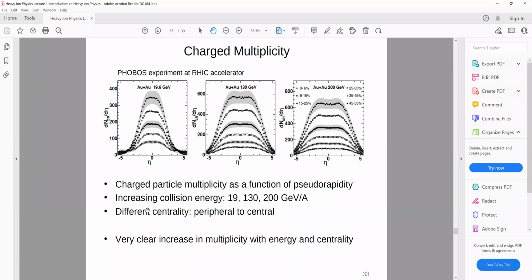With increasing collision energy, the peak of the multiplicity distribution increases, which is expected: more particles are produced as the collision energy increases. The multiplicity also increases as we go from peripheral to more central collisions. These are very clear indications of the increase in multiplicity with energy as well as with collision centrality.